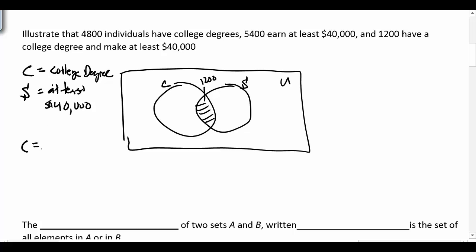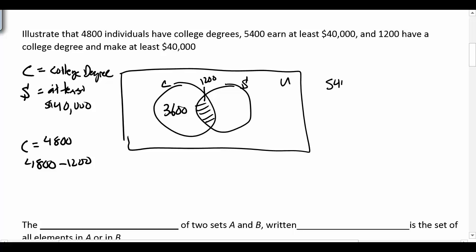So if there are 4,800 college degree holding students, and 1,200 of them make at least 40,000, then how much is this other piece that's not under the 40,000 bubble? Well, that would be 4,800 minus 1,200, or 3,600. And notice when I add 3,600 and 1,200, I still get the 4,800 that represents the college degrees.